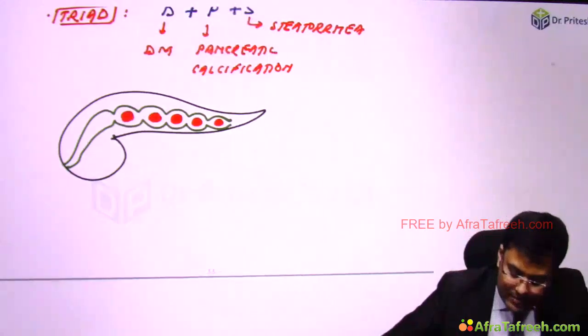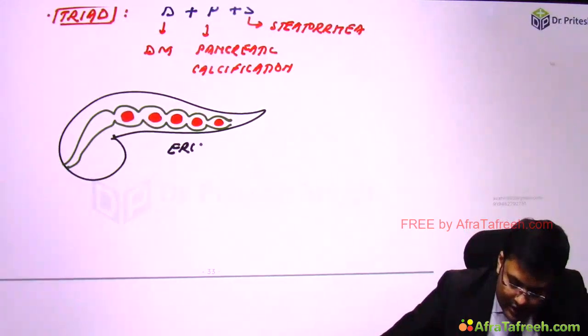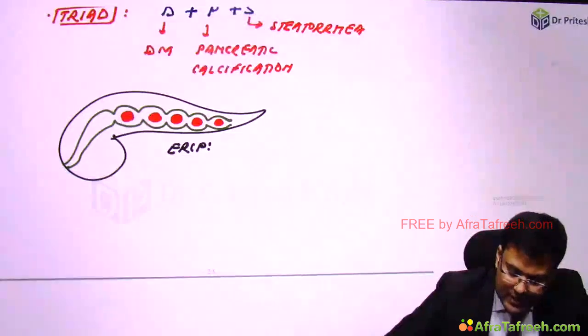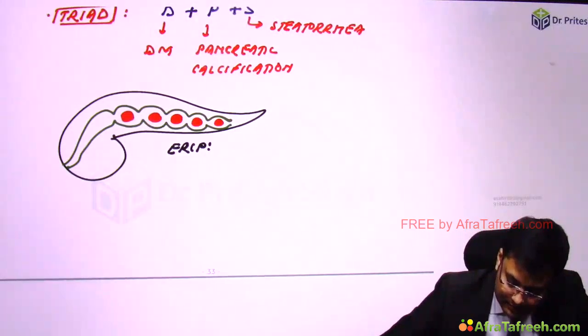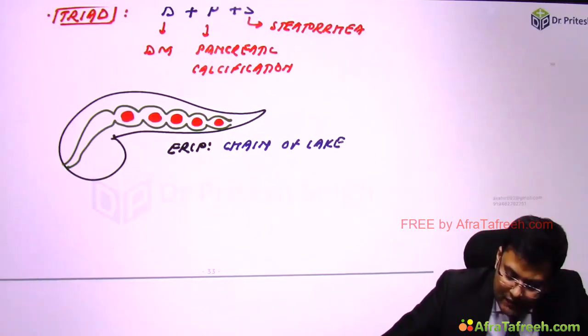So on ERCP, what is the name of this appearance? This is known as chain of lakes appearance, also known as string of pearls appearance.